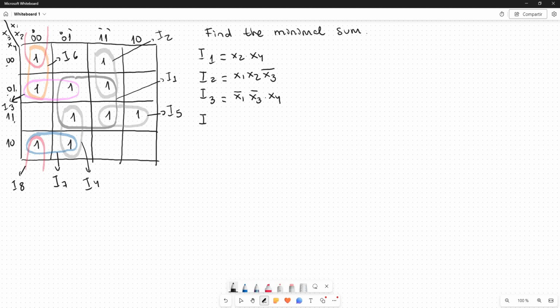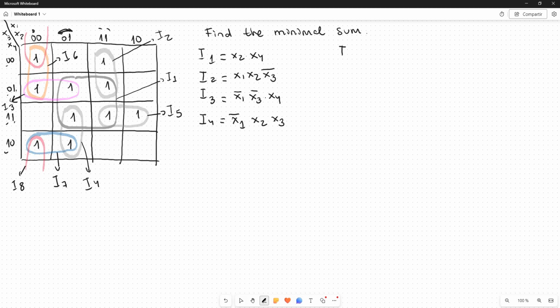Implicant 4 is x1 negated, sorry, sometimes the tablet doesn't work properly. x1 negated, x2 non-negated, we are here, x3 non-negated.